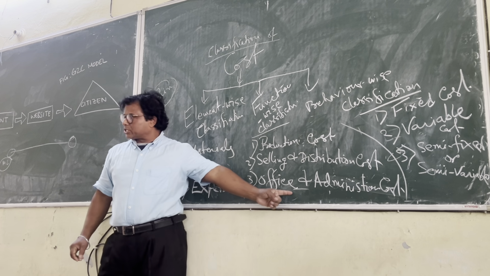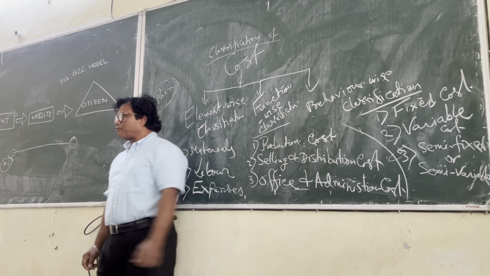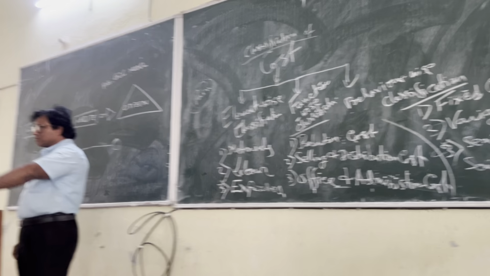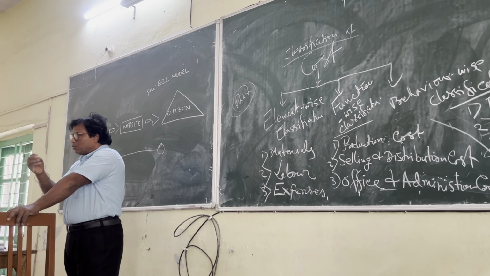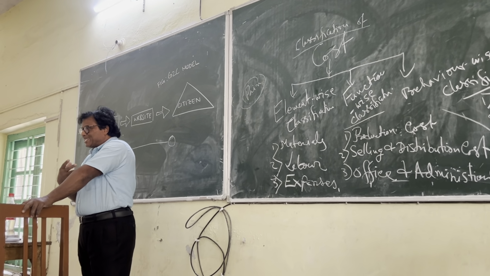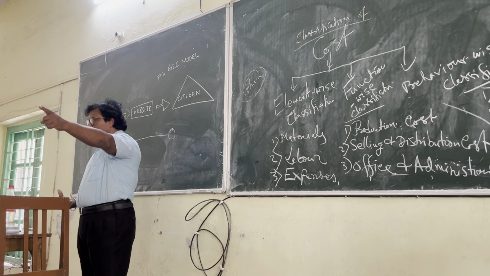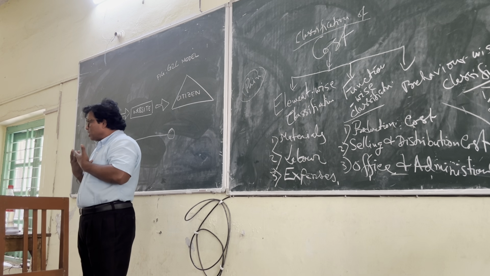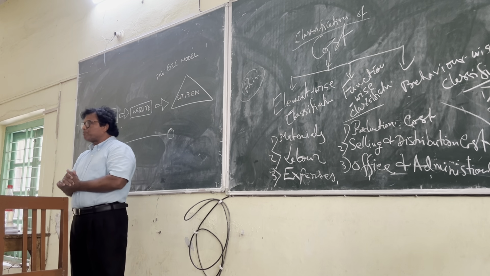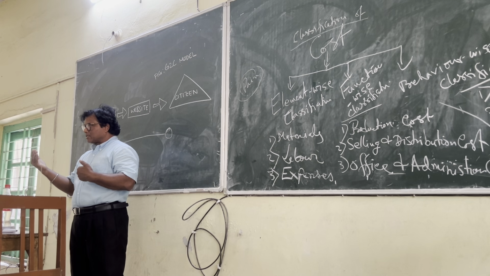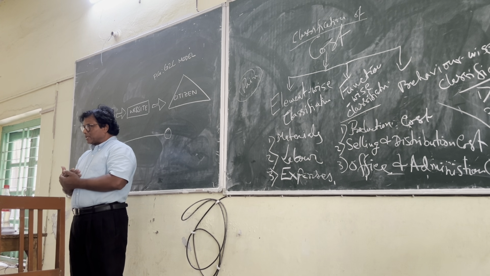And office and administration, in every company there is office. See, Guwahati Commerce College there is office. There are some people who are labor here, in teaching, because we are doing the main work. And some other people are not doing this type of work. Because what is a college? A college is a place where knowledge is given. We are giving it. We are the main labor.